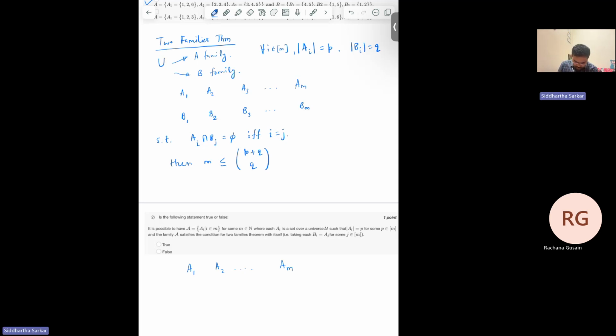Of course, if you replicate the same family and call it the other family, then the condition that A1 intersection A1 should be empty is not going to happen. But can you find some permutation of the family? Can you say that I am going to use the same sets from the family, but I'm going to permute them?